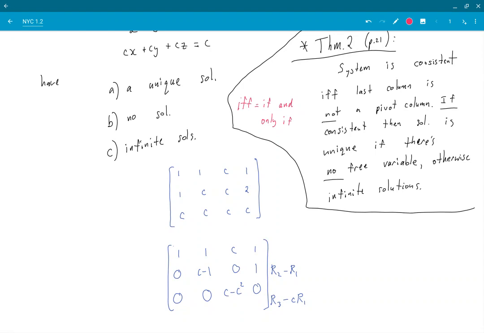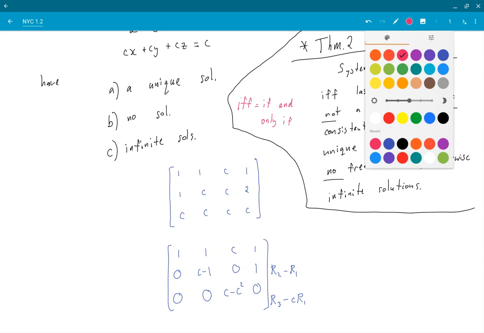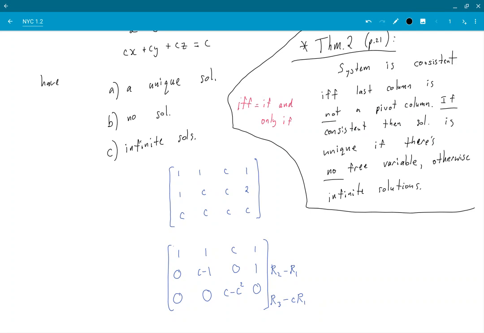Well, I would need that to be a pivot. So that would require that this is 0. So there you go. C is equal to 1. We'll make that a pivot column.